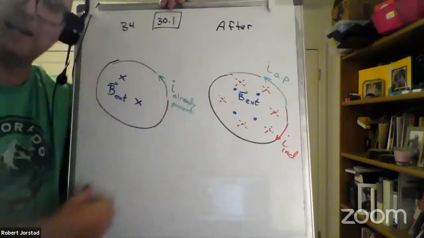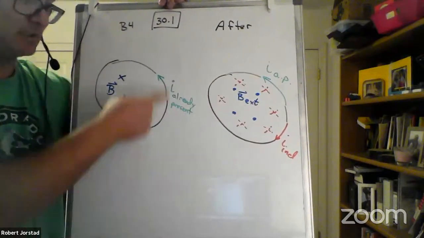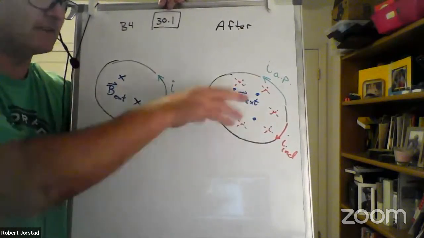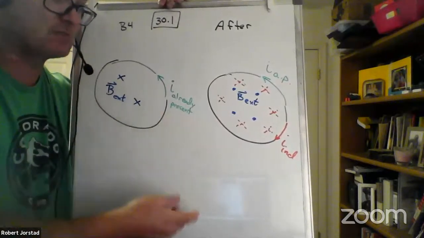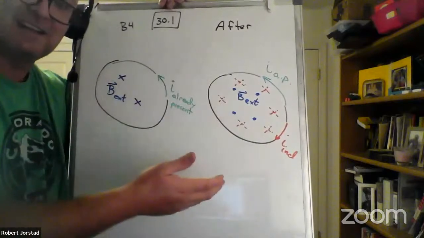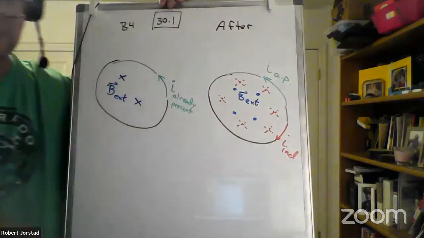That's what this is a model of. You run current through a motor, it causes a torque, it flips. When it flips, you get a change in the magnetic flux, which induces a current, which opposes the magnet flipping.